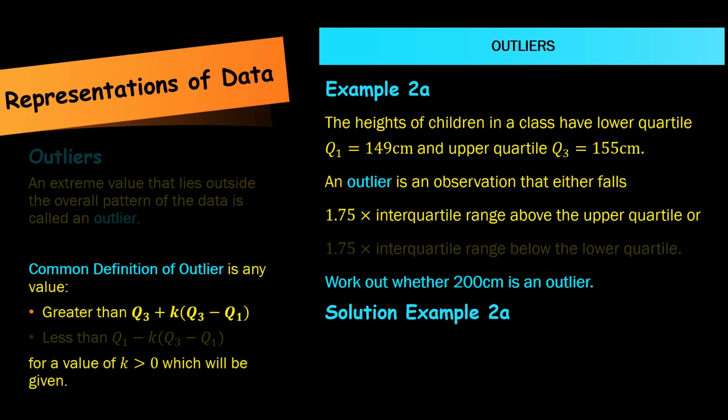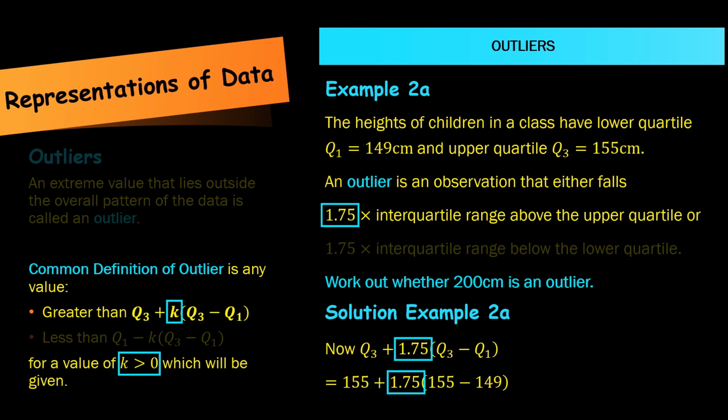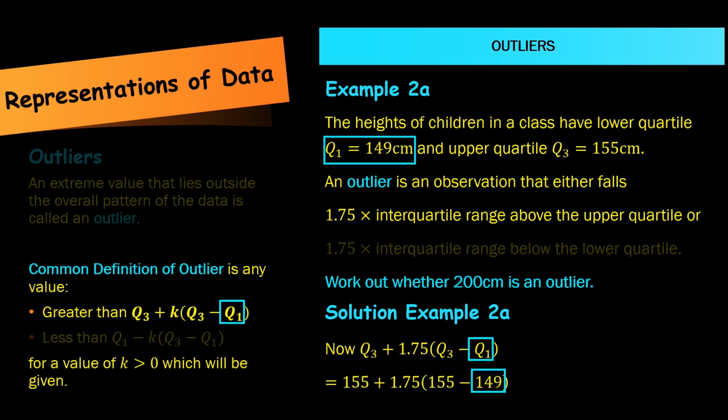So when solving this, we need to find the value of Q3 plus 1.75, which is the value of k in our example, times Q3 minus Q1, which is equal to, and now we're just inputting the values into this expression, 155 for Q3 and 1.75 for k and 149 for Q1. And tidying up gives us that this expression is equal to 165.5.